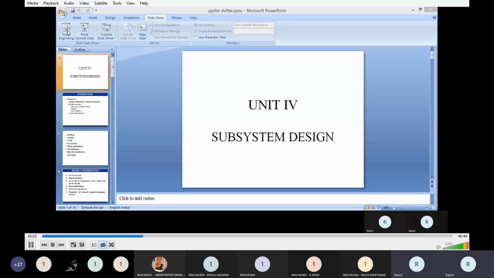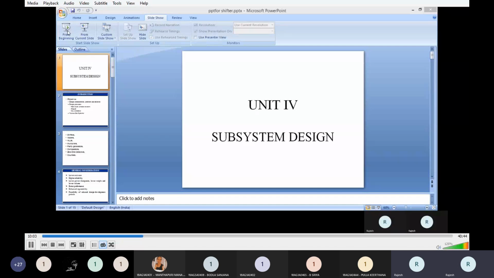So all these 5 characteristics, by extension, must hold for its subsystems. The subsystem of a microprocessor is the ALU, another subsystem is the control unit, another subsystem is memory. So all these subsystems must also have these characteristics.